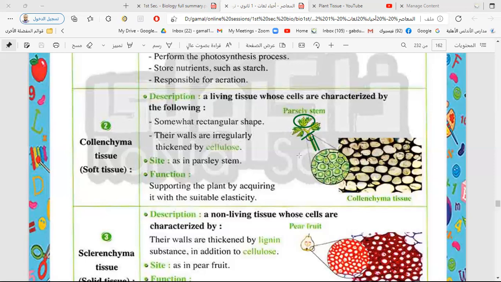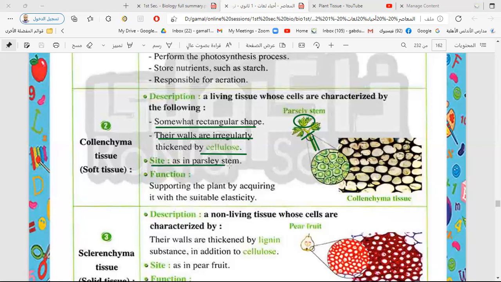Now they are filled with cellulose to help in supporting and giving elasticity to the tissue. Their walls are irregularly thickened with cellulose, especially in the corners between the cells.